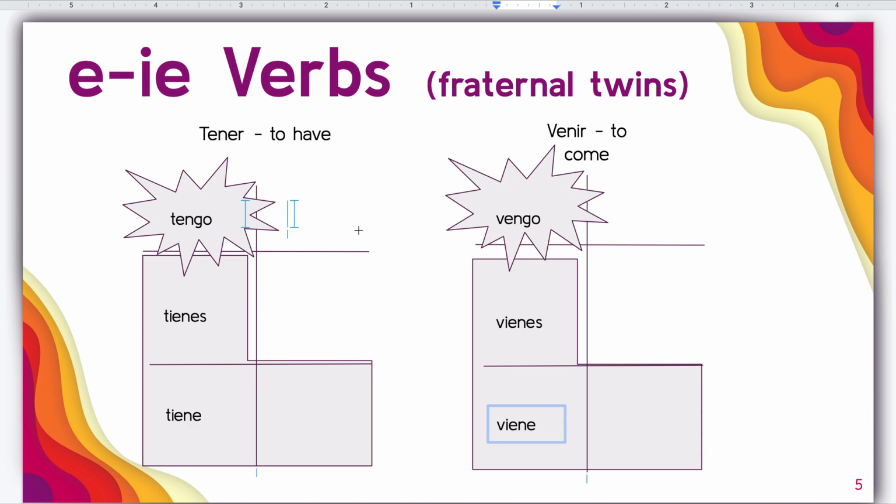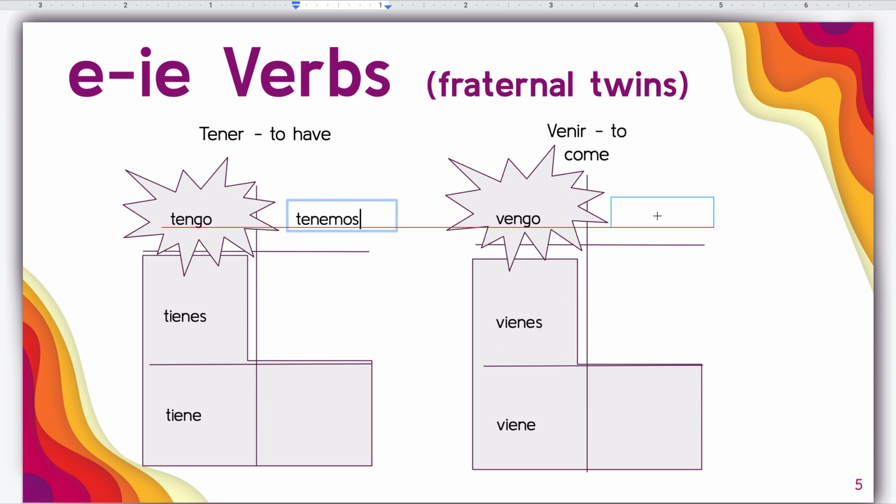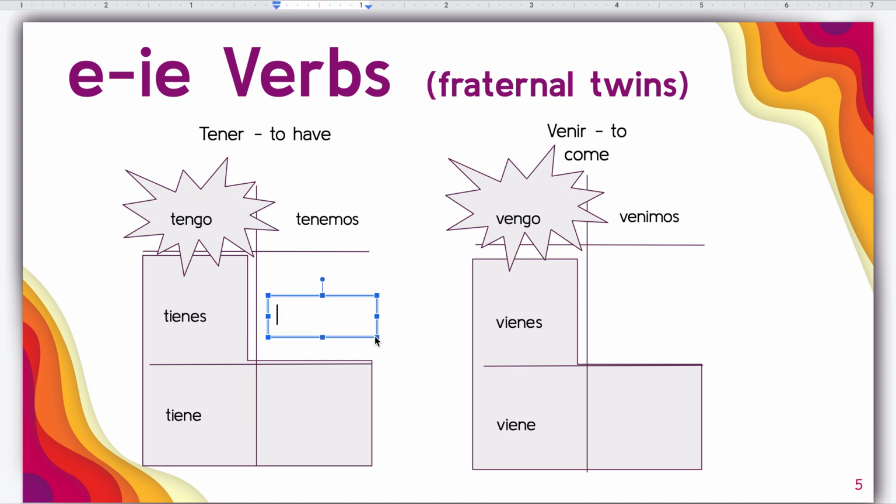Nosotros is where it becomes different. Tener is an ER verb, so it is tenemos. But venir is an IR verb, so it is going to be venimos. Vosotros form of tener, it's an ER verb, tenéis. And the vosotros form of venir is venís.